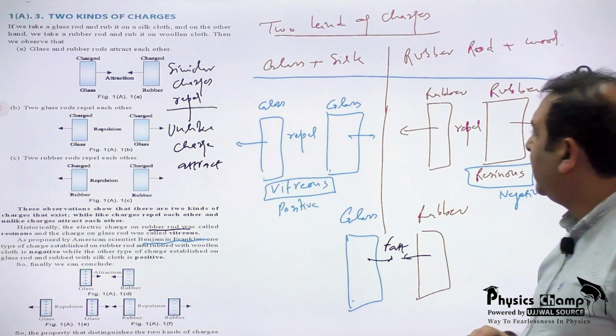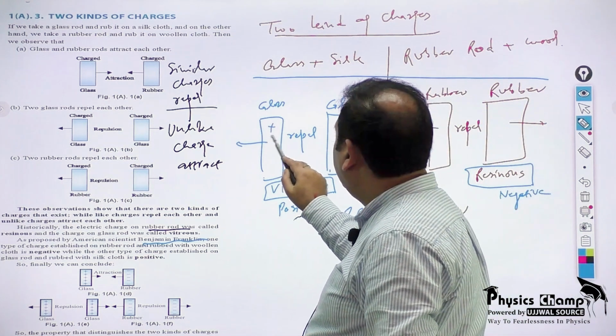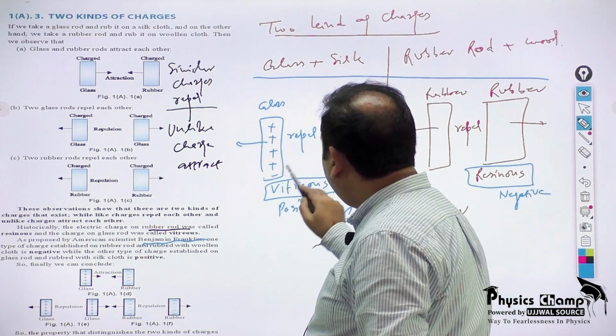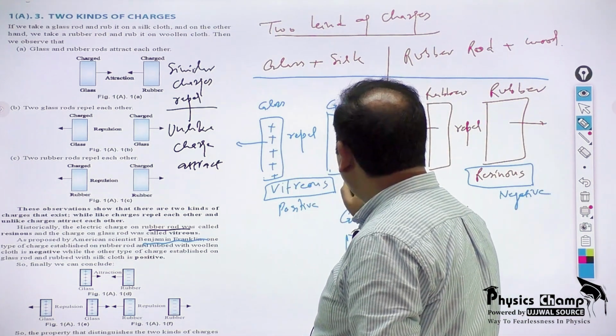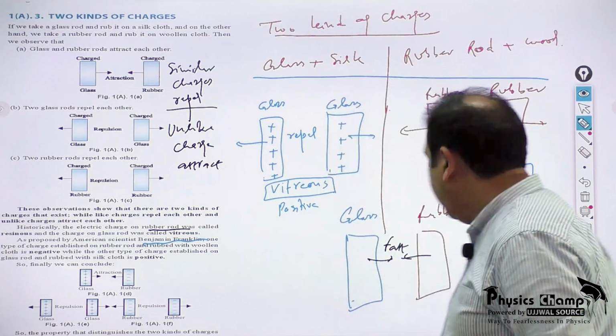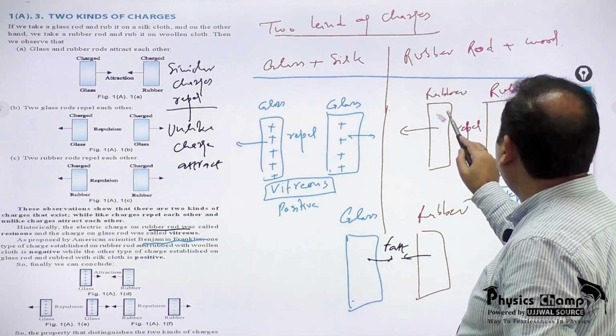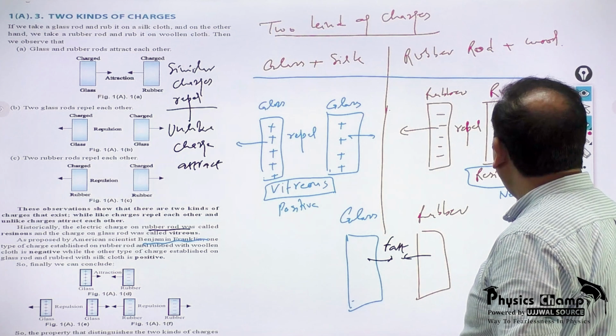So two glass rods which are rubbed on silk both have positive charge, and two rubber rods both rubbed on wool have negative charge.